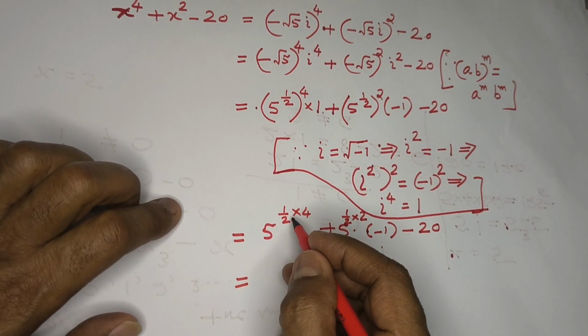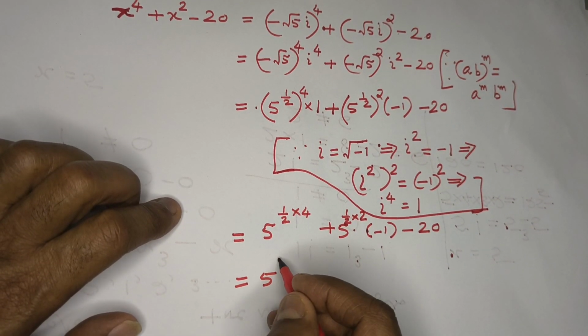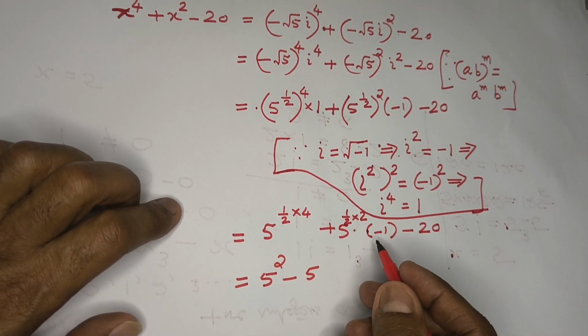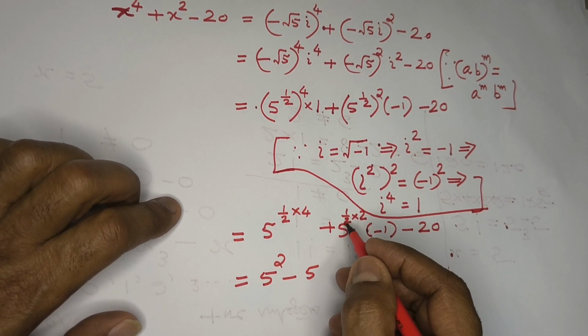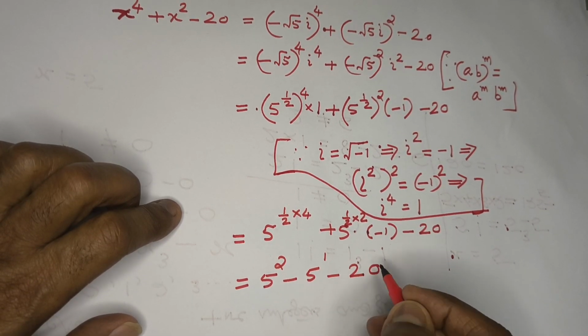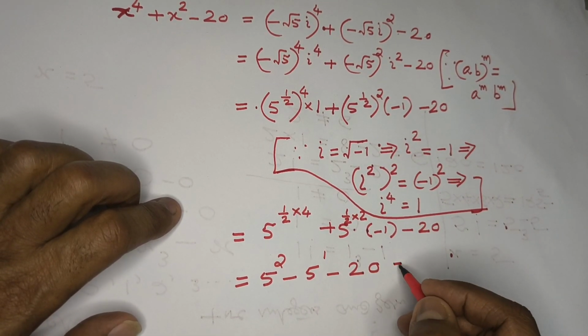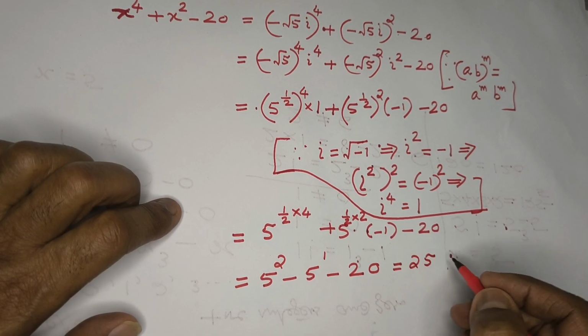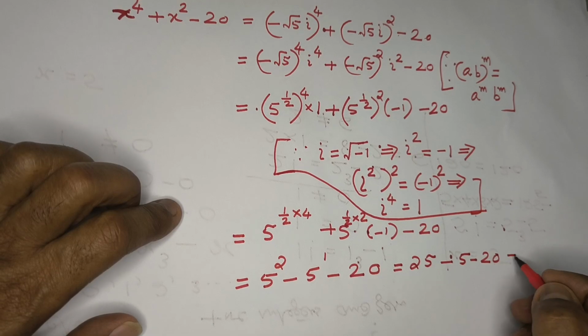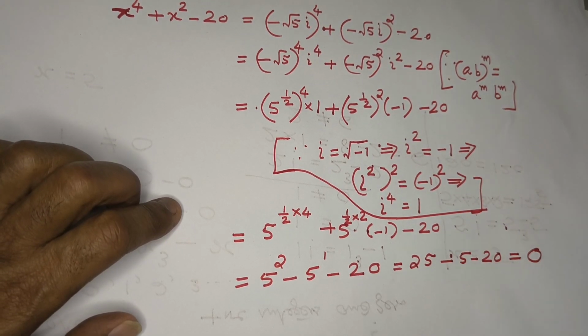This will be 5 power 2, which is 25, minus 5, minus 20, and that turns out to be 0.